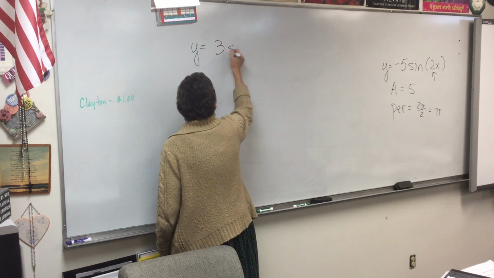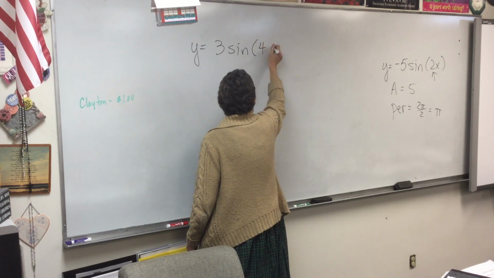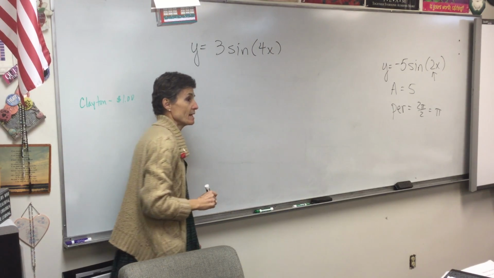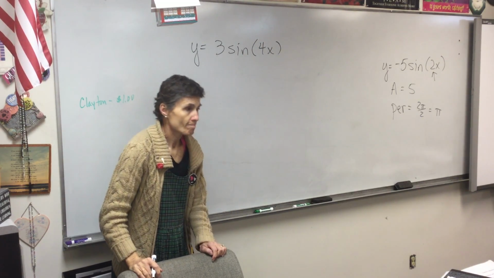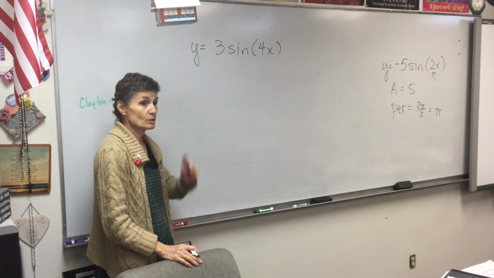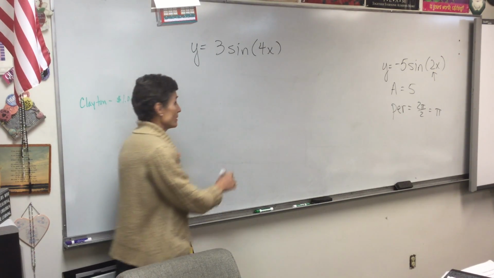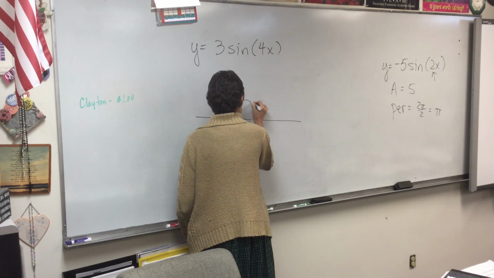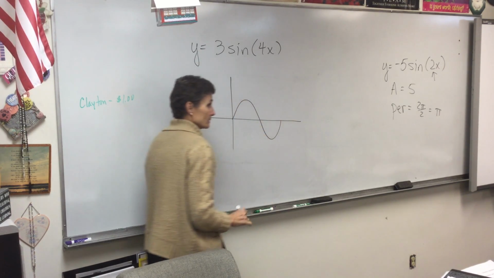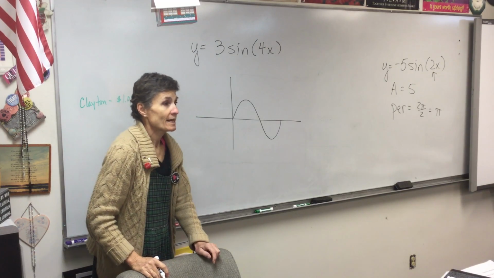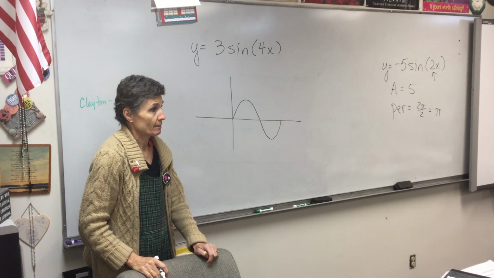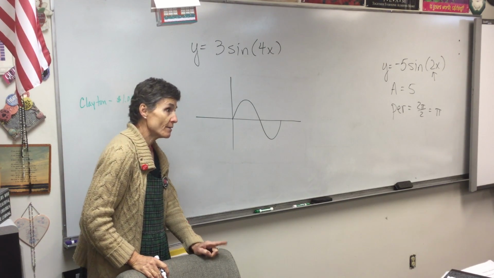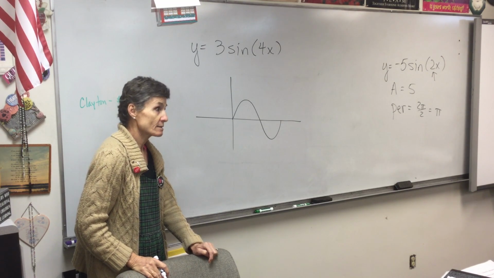y equals 3 sine 4x. We're going to draw this by hand. Now, I would suggest that the first thing you do is draw yourself a hill and a valley. That is what a sine looks like. If you've forgotten that, you need to get it memorized.